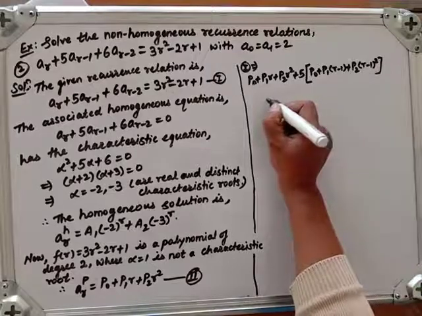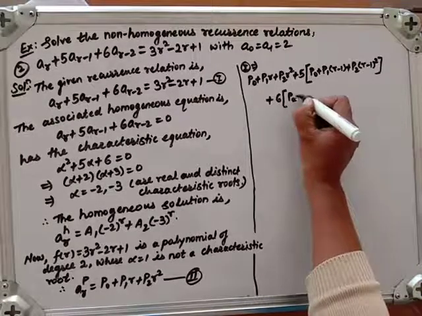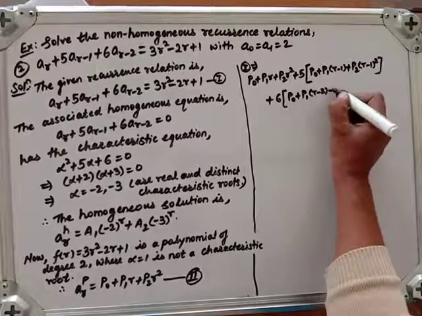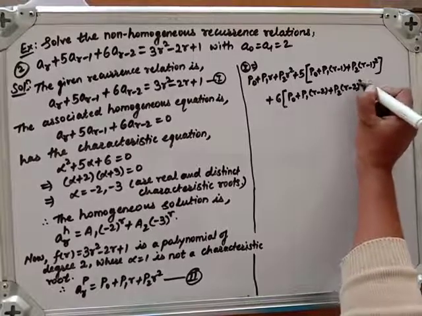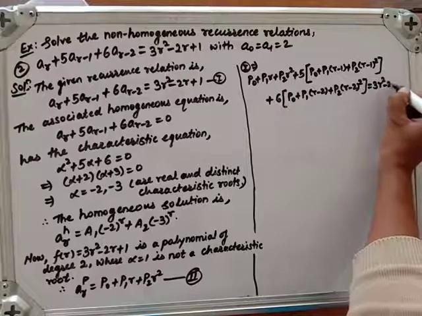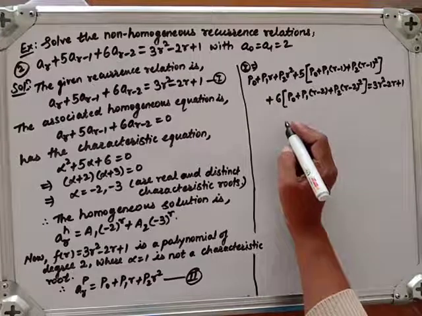Okay. Plus 6 times P0 plus P1 into R minus 2 plus P2 into R minus 2 square equal to 3R square minus 2R plus 1. Now what we have to do?